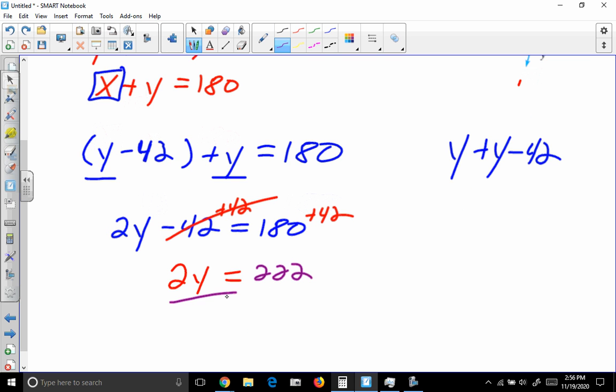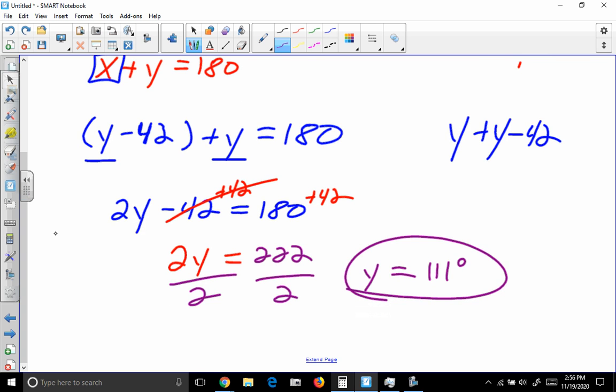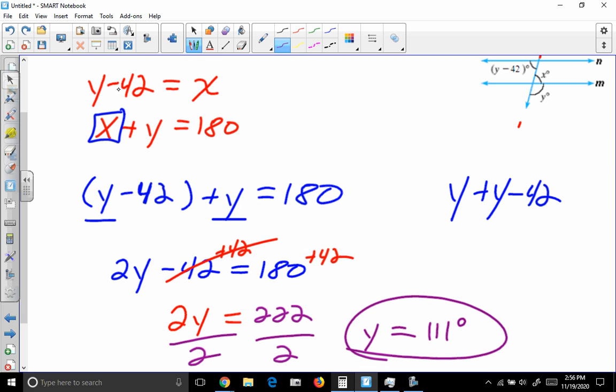If we want to get y by itself, we divide by 2, and these would cancel, and we would get 111 for y. We can go back into either equation to find x. Well, x is y minus 42.